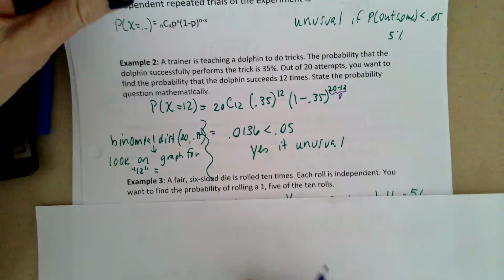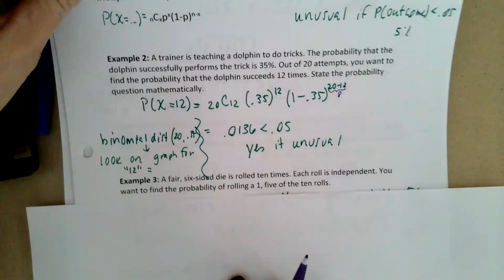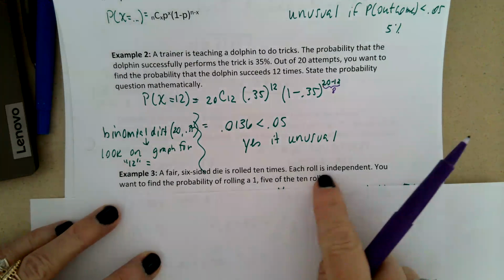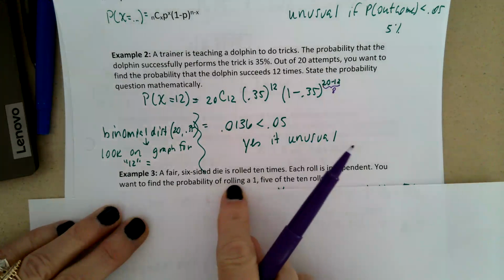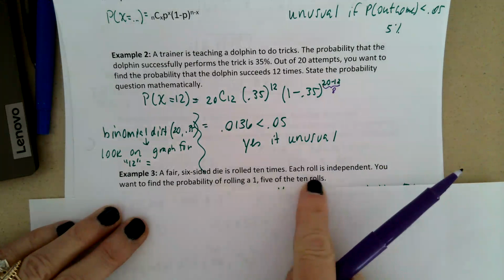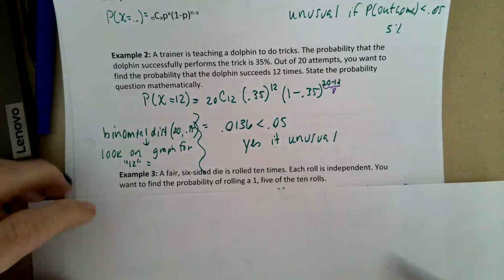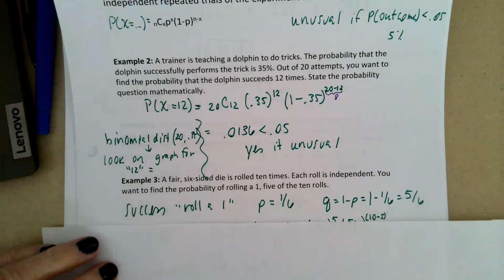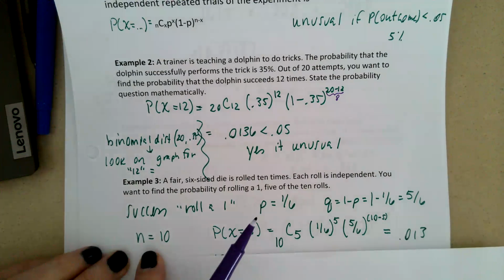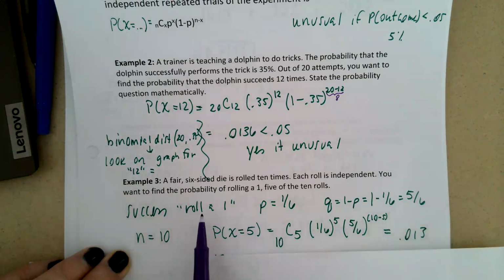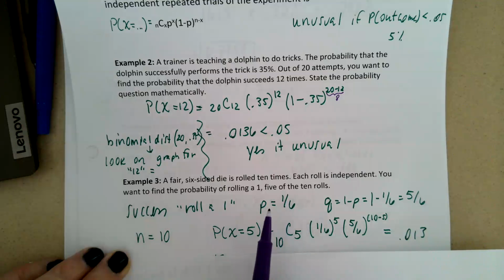So example 3 says, a pair of 6-sided die is rolled 10 times. Each roll is independent. You want to find the probability of rolling a 1 on 5 of the 10 rolls. So we have to identify n. N is 10. We're going to roll the die 10 times. And a success is rolling a 1, and that can happen as 1 over 6 because there's 6 sides to the die.